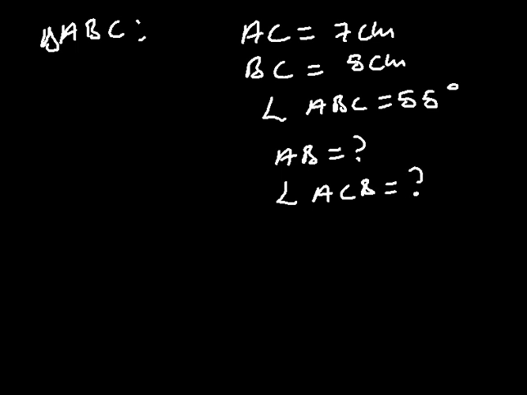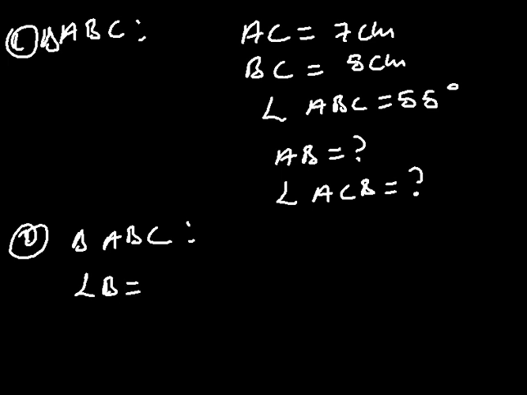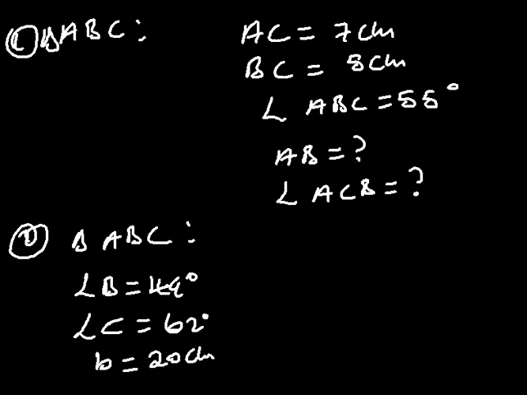And let's say we also have the triangle ABC, and in the triangle ABC, we have the angle B given as 49 degrees, and the angle C given as 62 degrees, and we have the value of the side B, which is 20 centimeter, and we need to find the value of the angle C. What is the value of the angle C if that is the case?